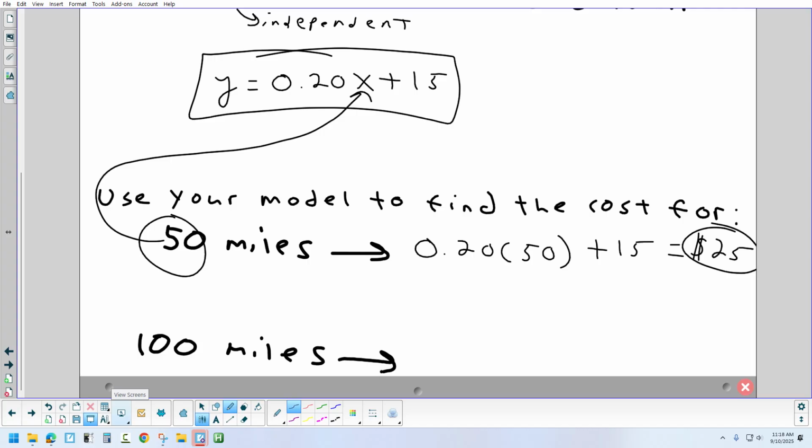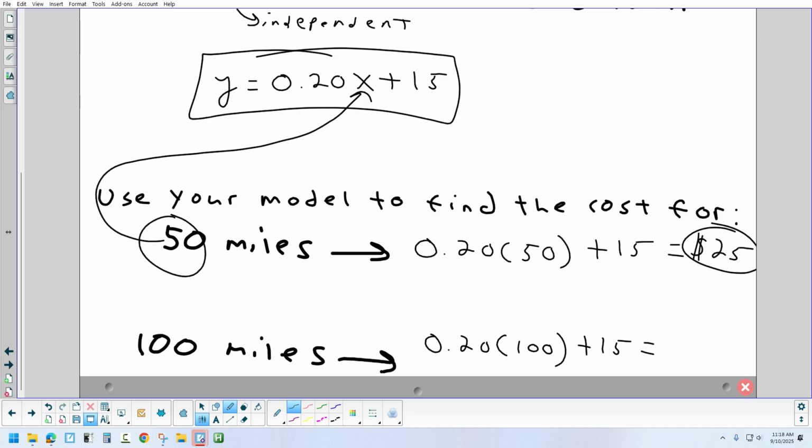So a lot of times when you see a problem, you might think to use some logic that makes sense to you, double the miles, double the cost, but sometimes that simple kind of thinking doesn't always work. Okay? So you have to be careful. So we have 0.2 times 100 plus 15.